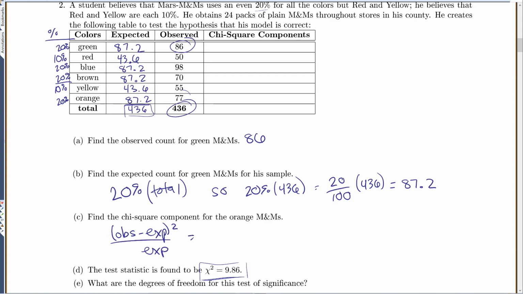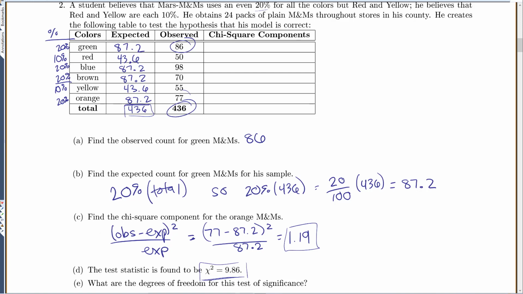She did switch these columns, expected first, so make sure you put things in the right spot. So we need observed first. Our observed was 77. Our expected value was 87.2, so 77 minus 87.2 squared divided by 87.2. This should give me 1.19. So that's the chi-squared part just for the orange M&Ms.